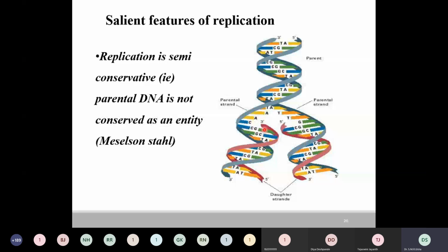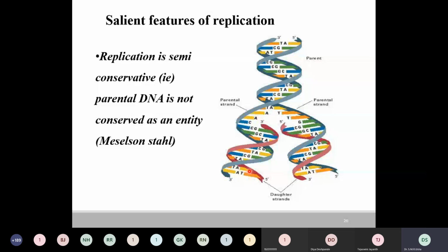One daughter strand is synthesized having this parental strand as a template, and the other daughter strand is synthesized having this parental strand as a template. So at the end of replication, you have two daughter DNA. One is this daughter DNA and the other one is this daughter DNA.